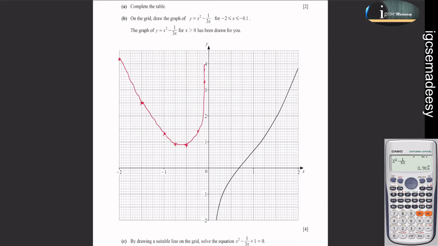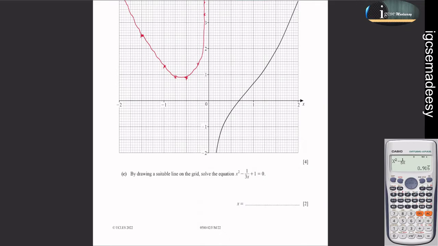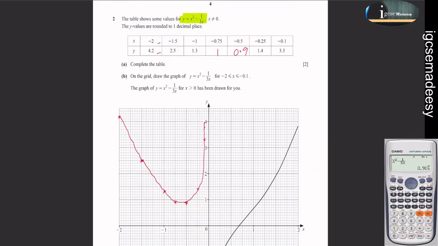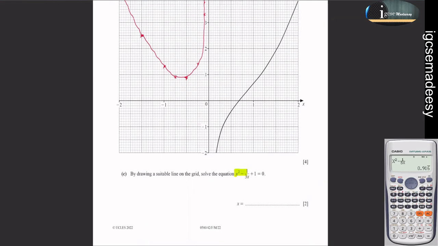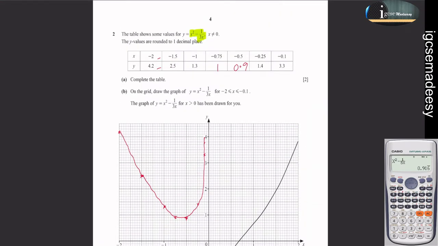So the next part is, by drawing a suitable line on the grid, solve the equation. So you know already this x squared minus 1 by 3x equals what? It's equal to y.